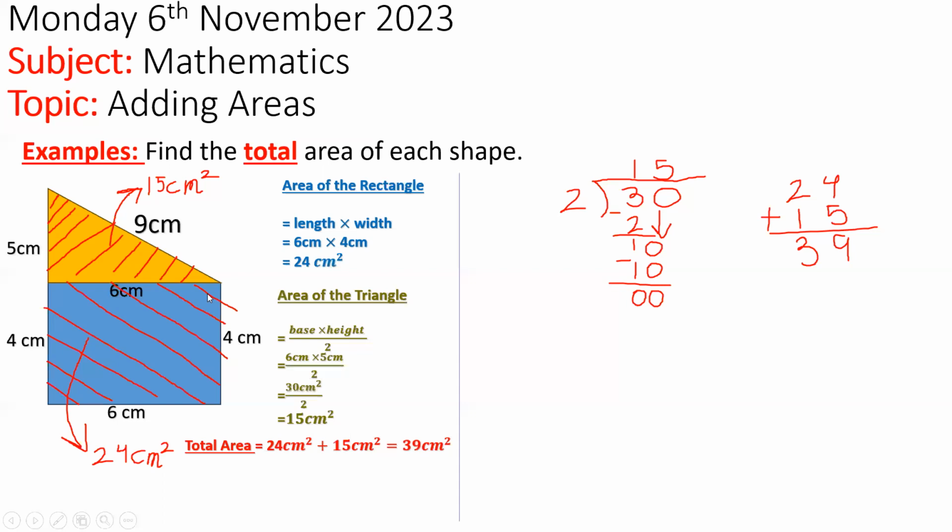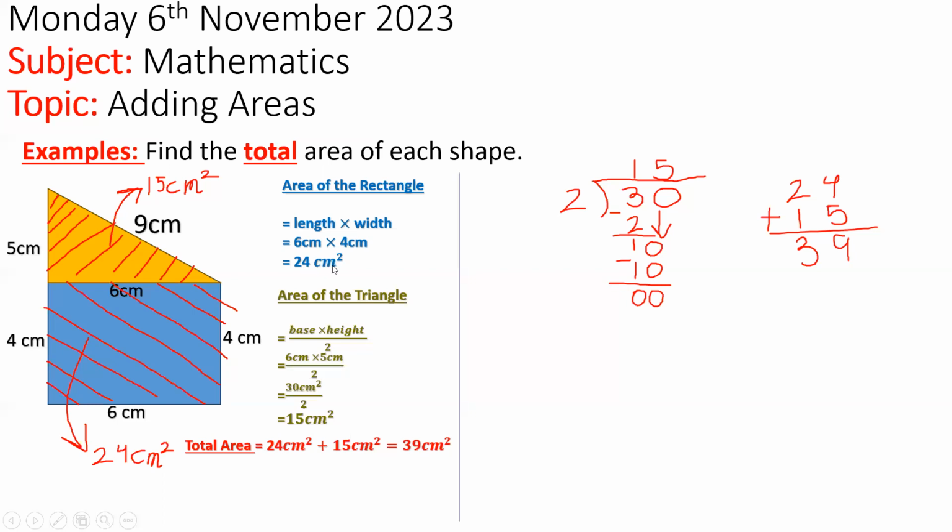So first we have to find the area of the rectangle. When you find the area of the rectangle, you go length times width. The length would be 6 cm times 4 cm, which would give you 24 cm squared.